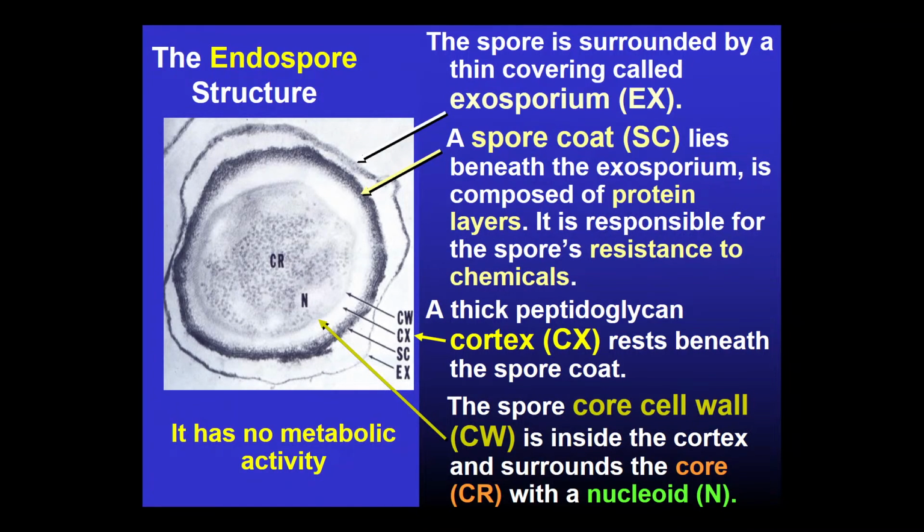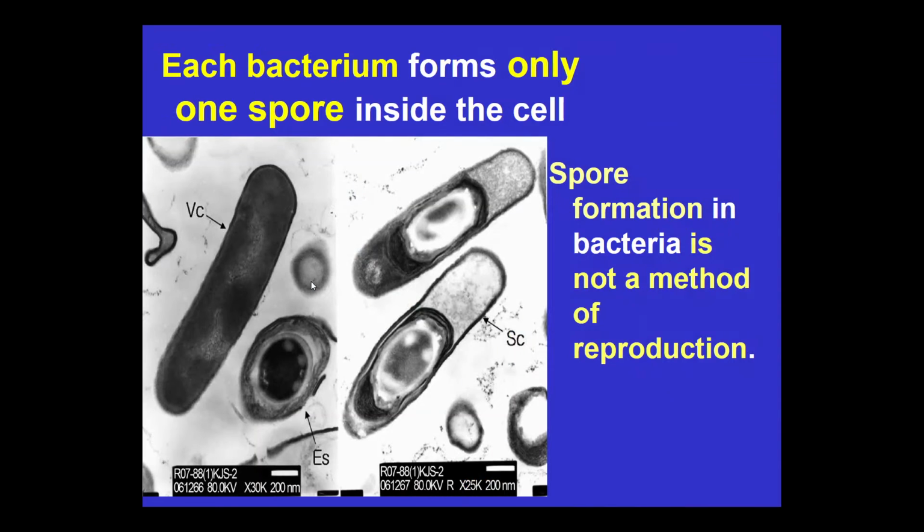And here you can see the endospore structure, and it is called endospore because the spore is produced by concentration of the spore coverings inside the cell. So that's why we call it endospore. This is a process of forming spores, and this is the endospore itself.